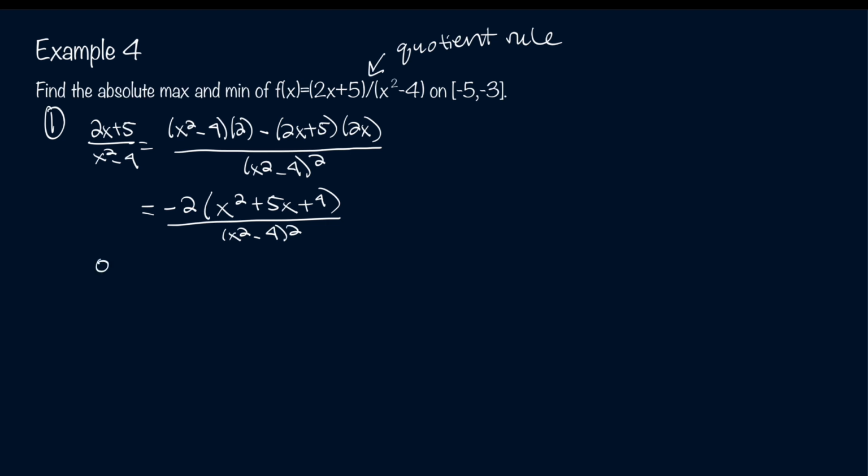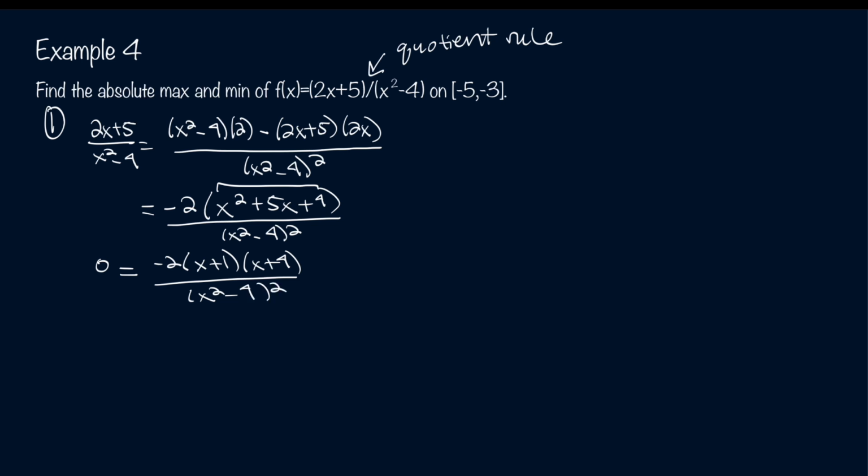We are going to set that equal to 0. So again, negative 2, and then we can take this and split it into x plus 1 times x plus 4, all over x squared minus 4 squared.